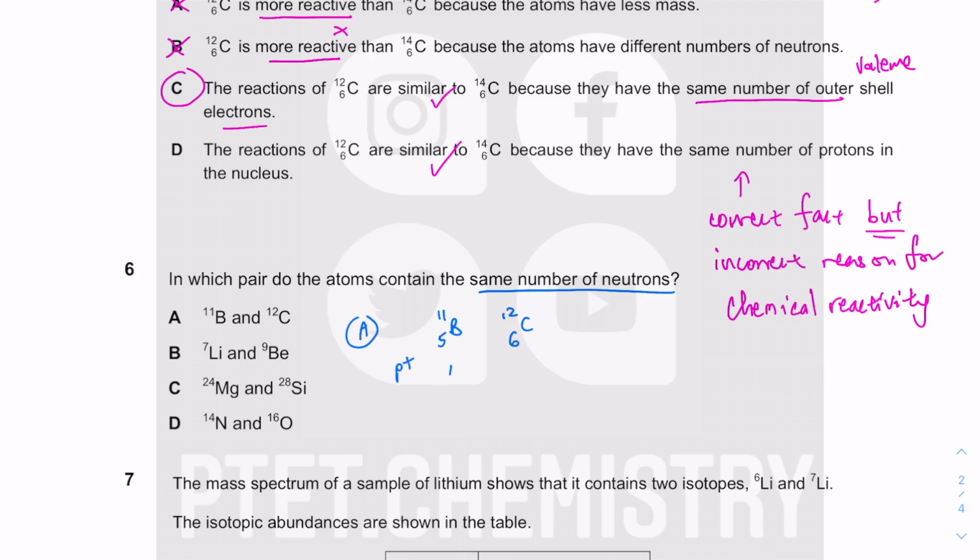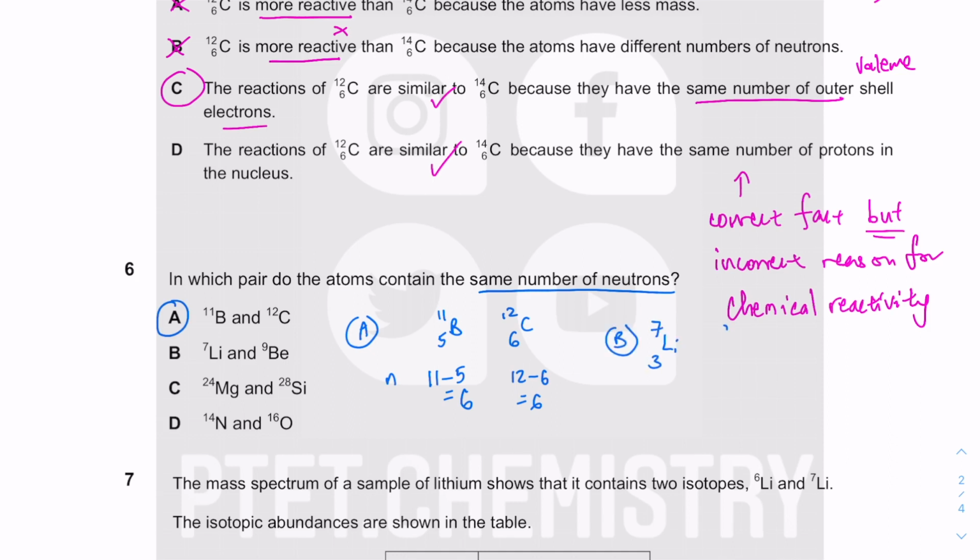So boron has 5 protons and carbon has 6 protons, but they want the neutrons. So really I wouldn't need to work out the protons at all. I just need to work out the neutrons. That's the mass number, the nucleon number, minus the proton number. There's 12 minus 6, which is 6. Well, there you go. I got the answer already. So I could go on to the next one.